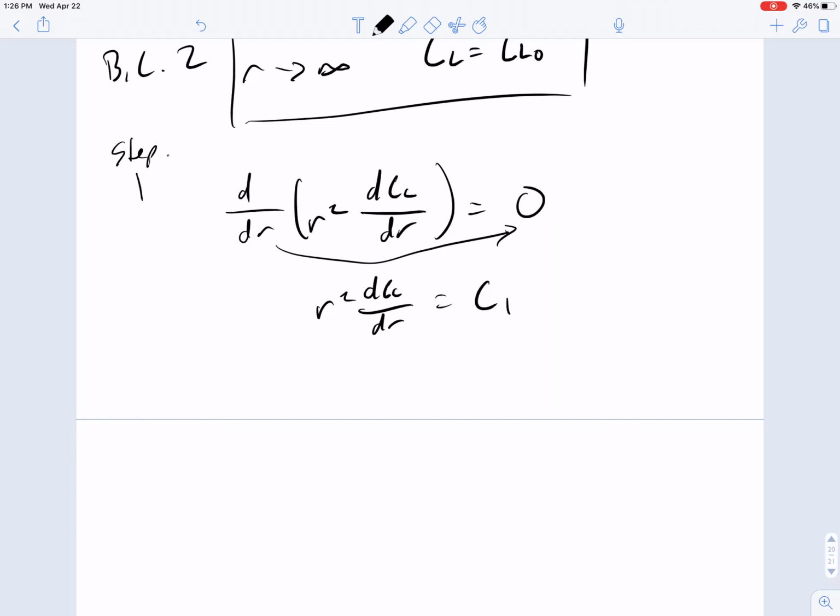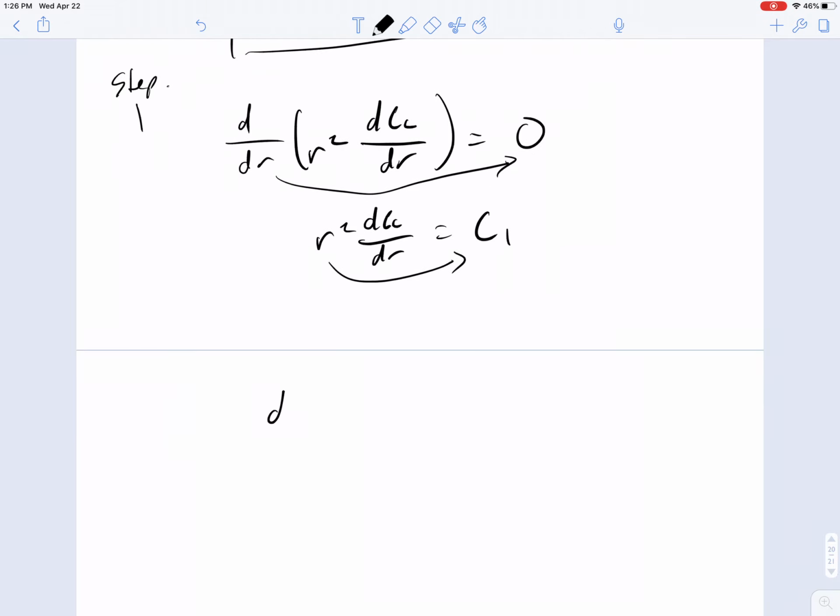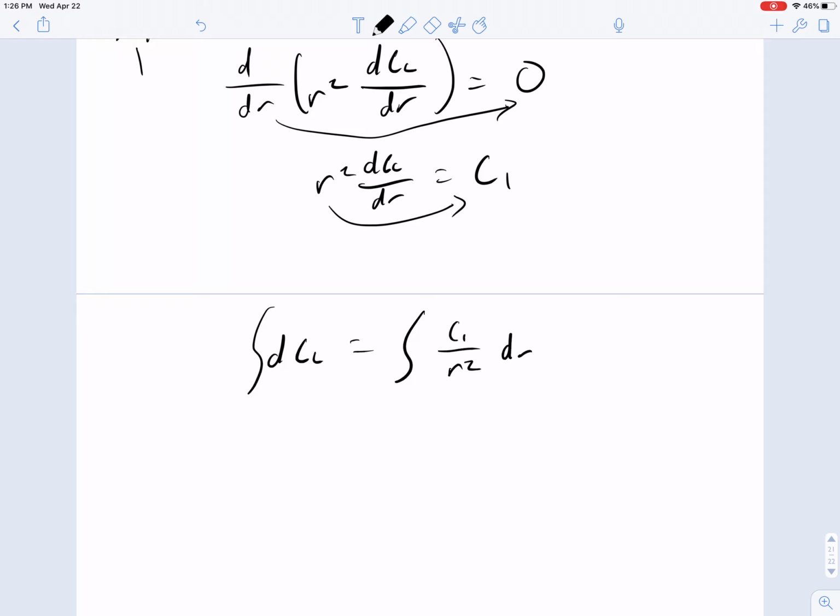Okay, so we're going to integrate again, by moving r squared and dr to the other side. So we have now dC_L, the integral of that is equal to C1 over r squared dr. So apply boundary conditions. You solve this again and you end up with minus 1 over r because it's r squared.